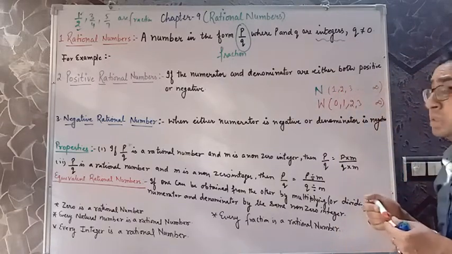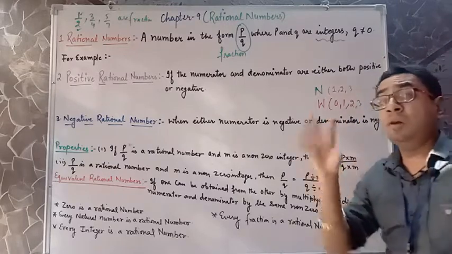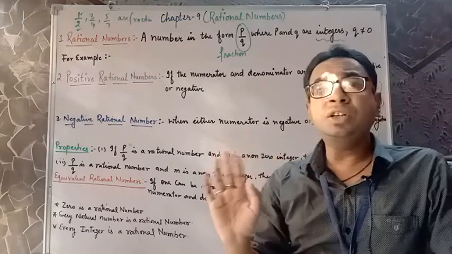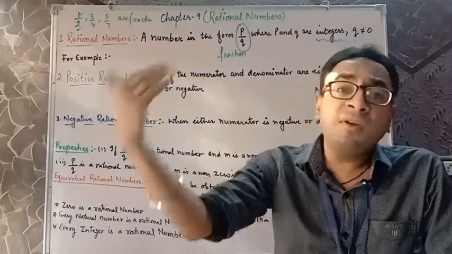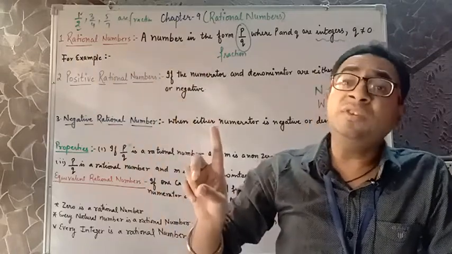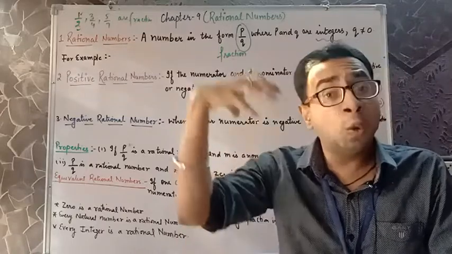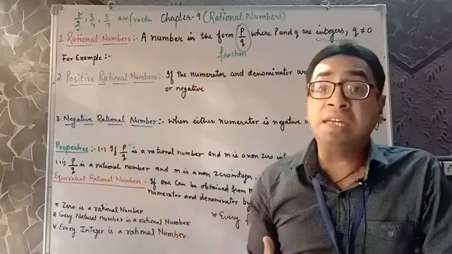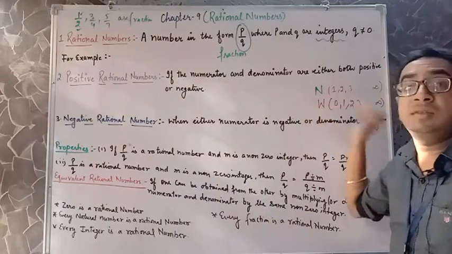Natural numbers were not sufficient to count, which is why whole numbers came, because with 1, 2, 3, 0 was missing. When natural numbers were not capable enough to cover all the numbers needed, we considered whole numbers by adding 0.